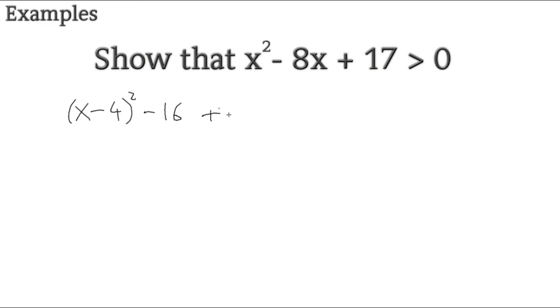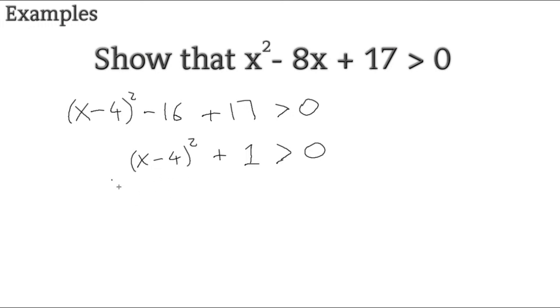Then we add the 17 and complete the inequality. With that, we can cancel out the 16 to gain (x minus 4) all squared plus 1 is larger than 0.